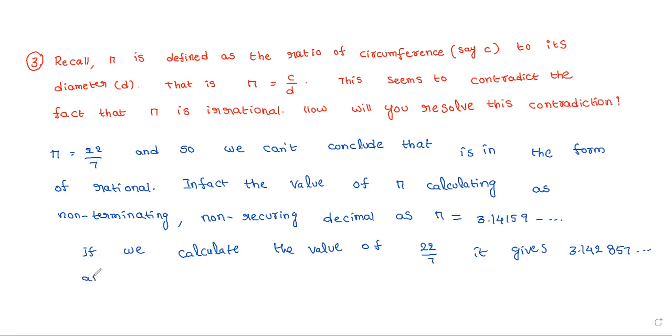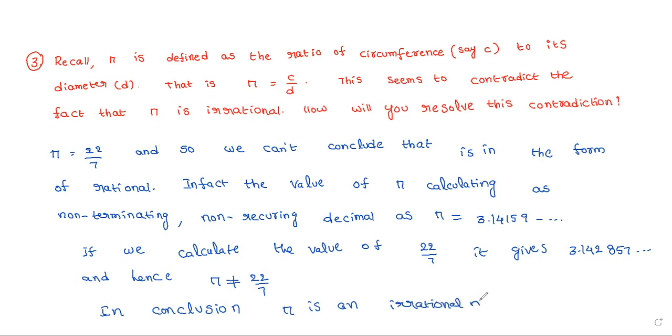And hence, pi is not equal to 22 by 7. In conclusion, pi is an irrational number.